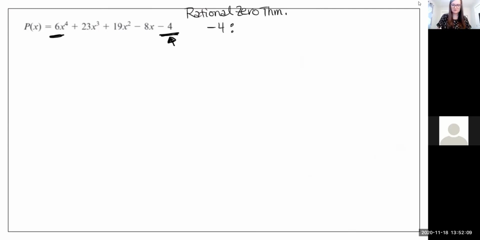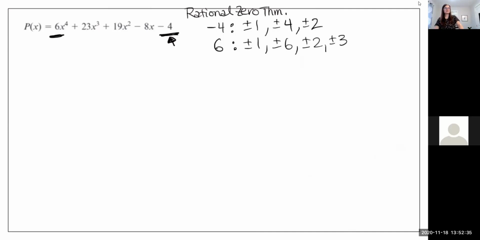So what are all the possible, I don't need the negative, but whatever, plus or minus 1, plus or minus 4. I always think like 1 times 4, 2 times, okay, well, 2 times 2, and those are all my possibilities. Okay, and for my bottom number, 1 times 6 or 2 times 3. And that's it. And now all of the possible combinations.